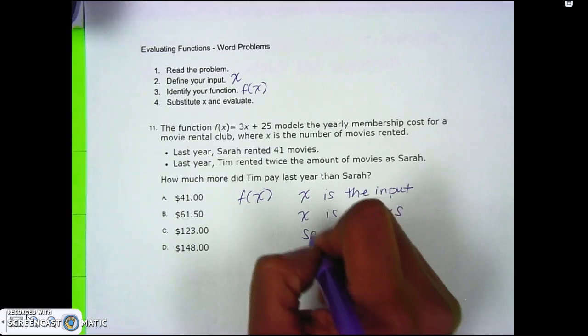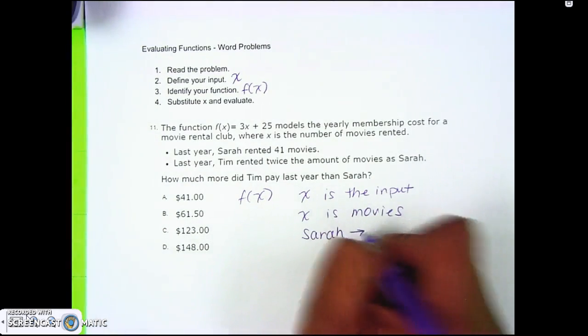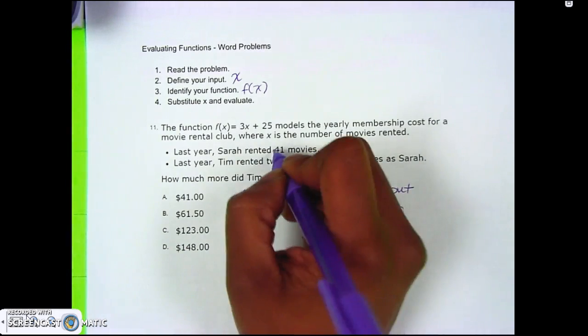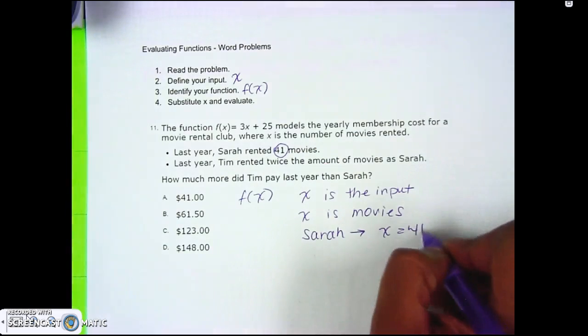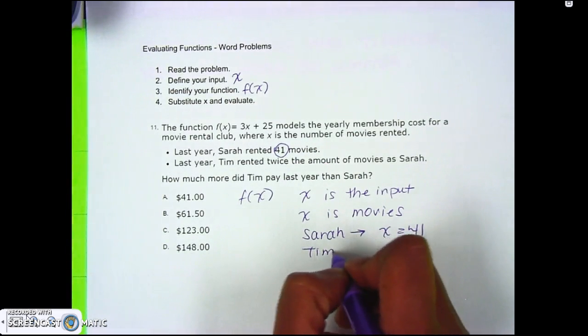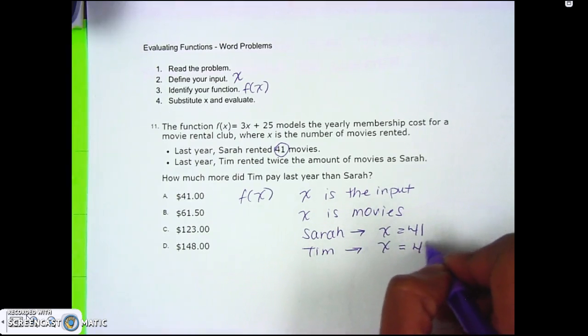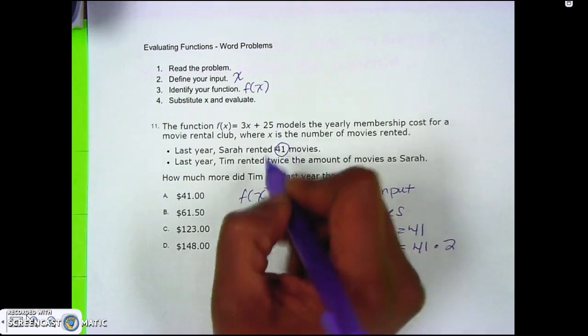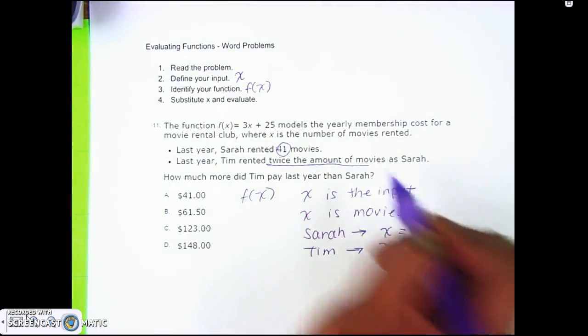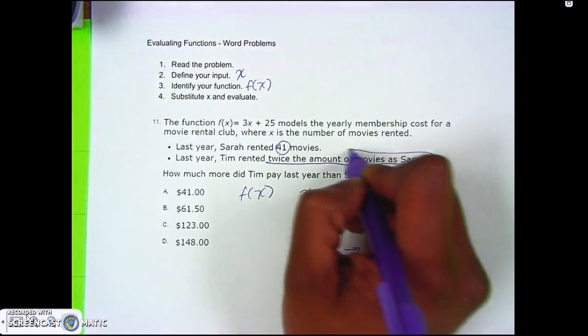So for Sarah, x equals 41. And for Tim, x should equal 41 times 2, because it says he rented twice the movies as Sarah.